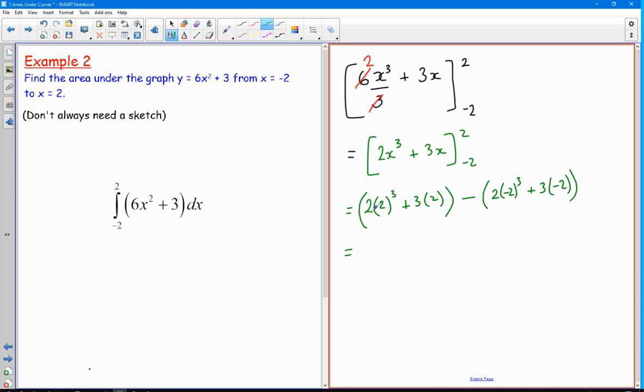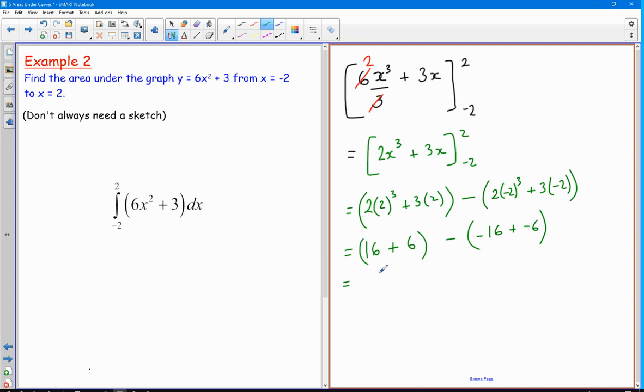So all of that, 2 cubed is 8, so that's 16 plus 6 in that first bracket. Take away, so we've got -8 times 2, -16 plus -6. So again, it's worthwhile taking care.